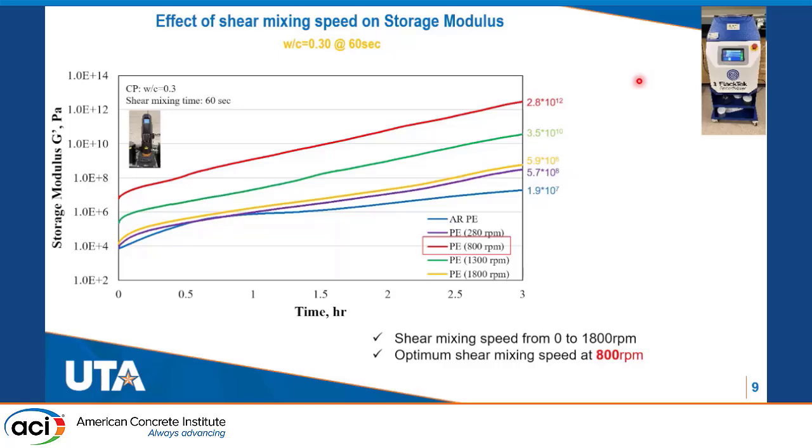As the lowest speed for the FlackTek mixer that we used is 800 rounds per minute, we also tried to use a Hobart mixer, the normal Hobart mixer, at a lower speed of 280 rounds per minute. It didn't work. These findings suggest that the optimal mixing speed for enhancing storage modulus of cement pastes reinforced with polyethylene fibers is 800 rounds per minute.